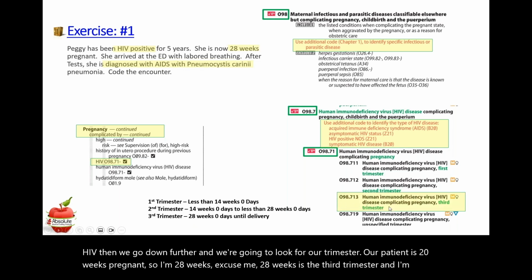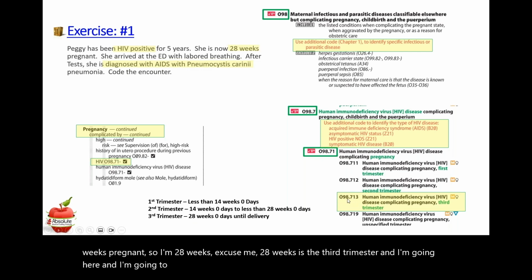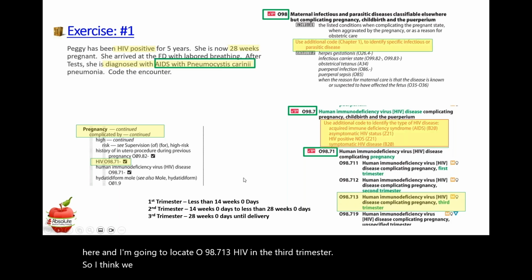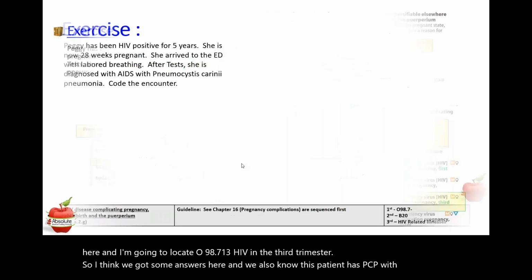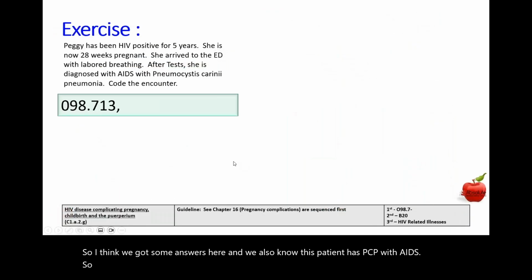So I'm going to locate O98.713, HIV in the third trimester. I think we got some answers here. We also know this patient has PCP with AIDS, so we can start to code some, right?